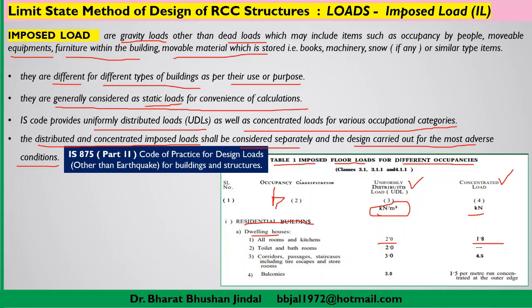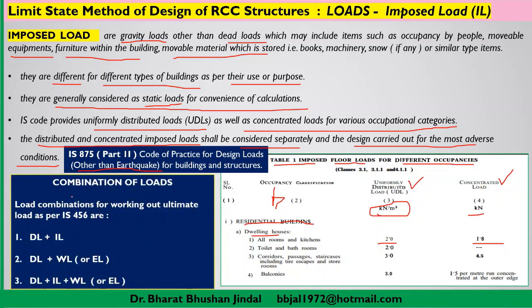So IS 875 part 1 we refer for the dead loads, and IS 875 part 2 we will be referring for the imposed type of loads for buildings and structures. Here you have to be clear that no earthquake consideration will be taken. For earthquake type of loads, you have to refer to a special code, that is IS 1893, and maybe during our design theory which we will go through later on, earthquake type of load may not be considered.